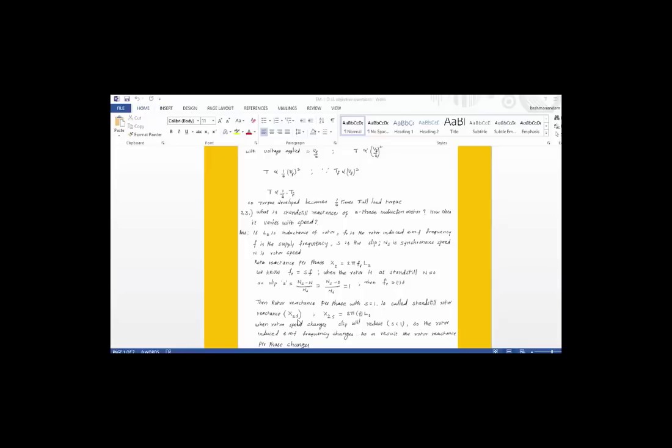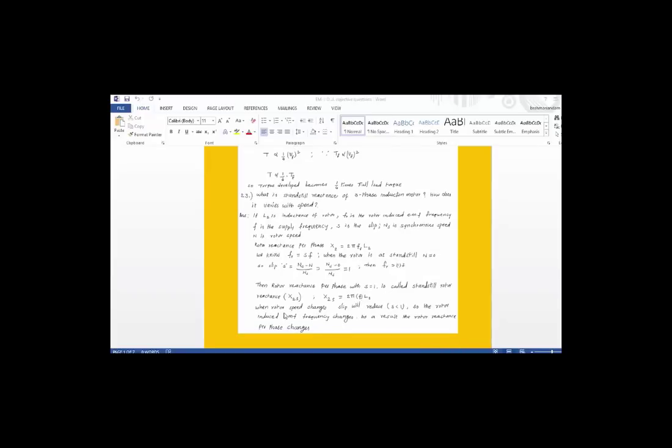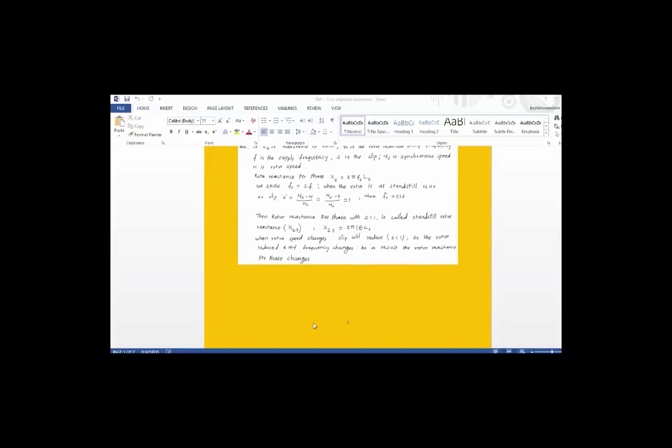We represent this as X2S, and we can write 2 pi F into L2. Here we have replaced Fr with F because S is equal to 1. When rotor speed changes, slip will reduce, meaning it will become less than 1. So the rotor induced EMF frequency also changes. As a result, the rotor reactance per phase also changes.